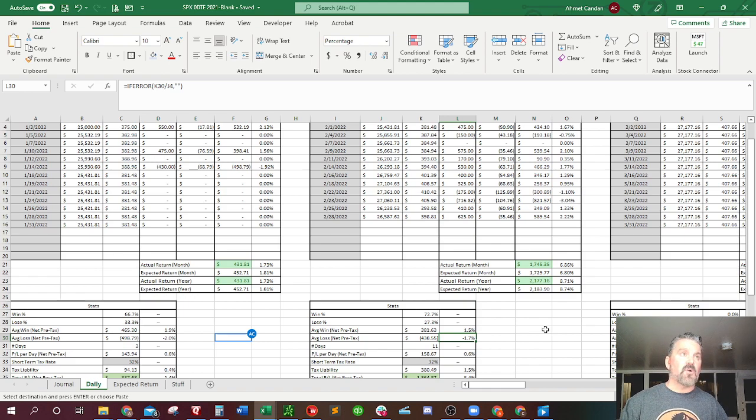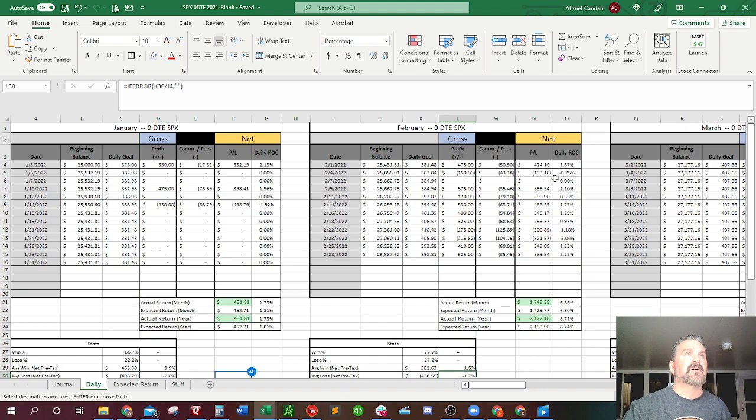So we're almost at a 1-to-1 risk-reward ratio. It's almost there. So obviously, the reason I was able to meet my monthly goal, even though I was only at a 72% win rate, is because I kept my red days smaller than what they should have been.